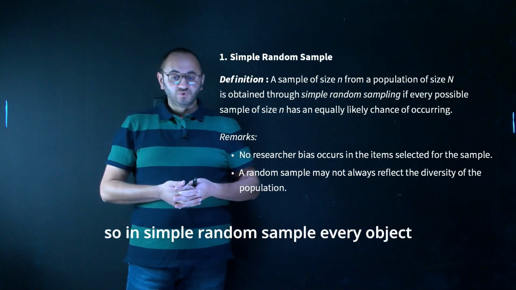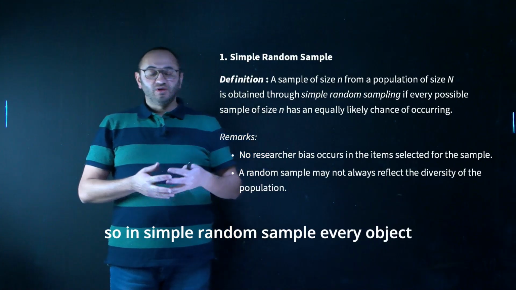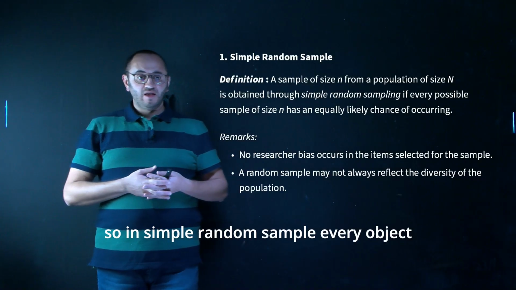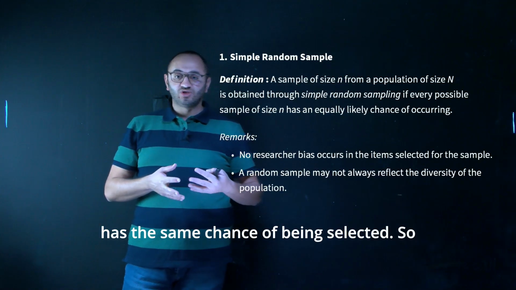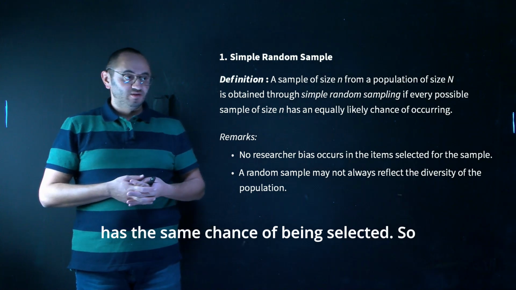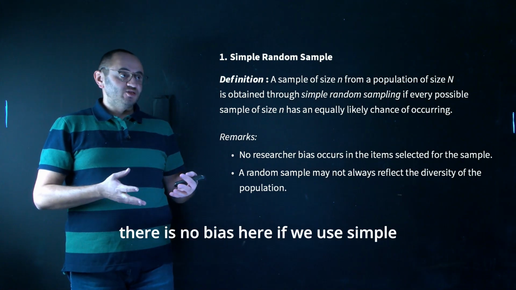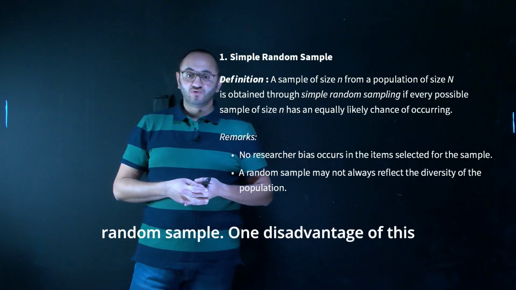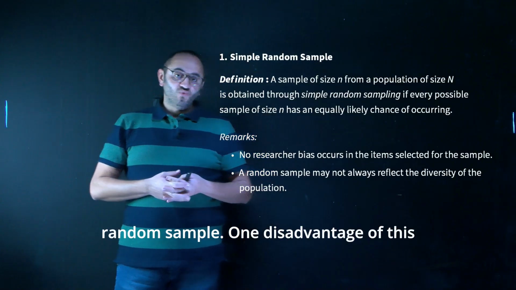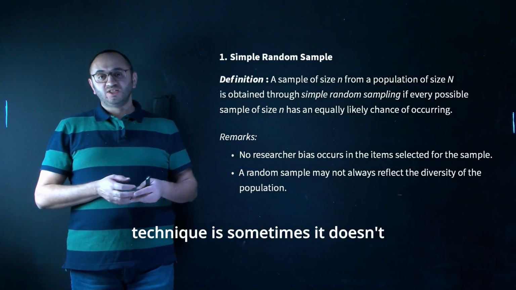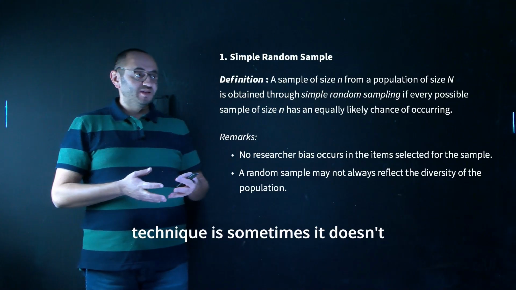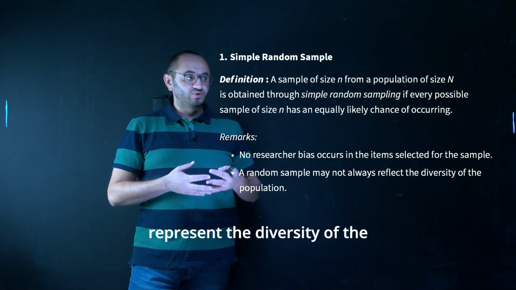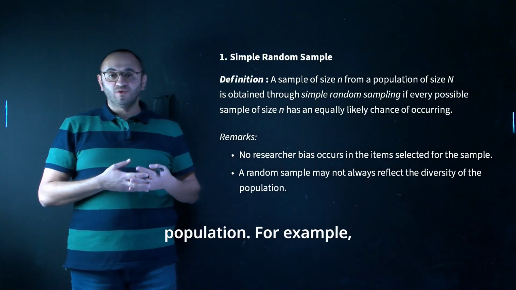So in simple random sampling, every object has the same chance of being selected. There is no bias here. One disadvantage of this technique is that sometimes it doesn't represent the diversity of the population.